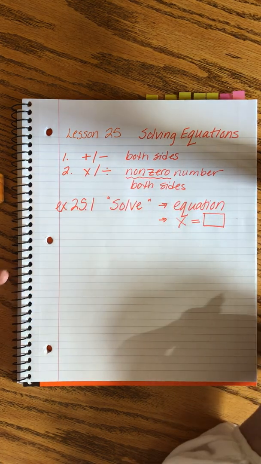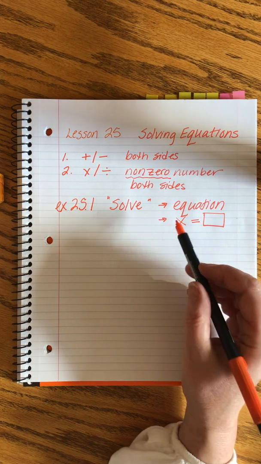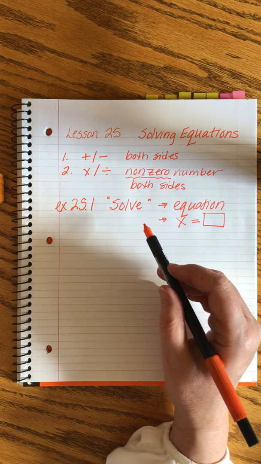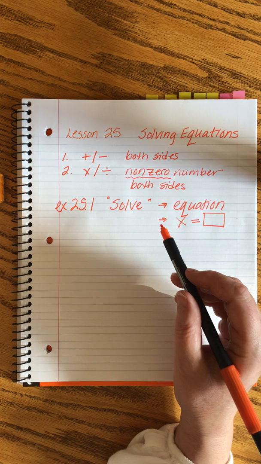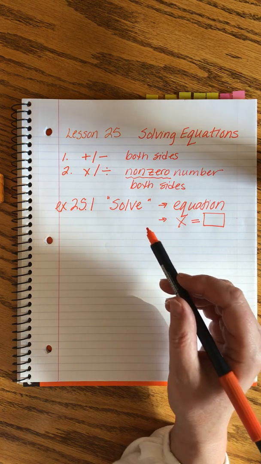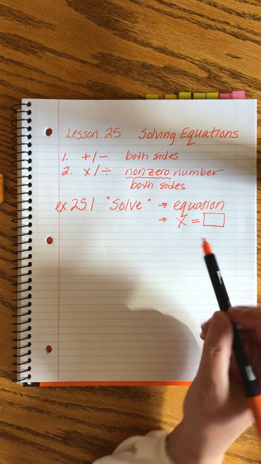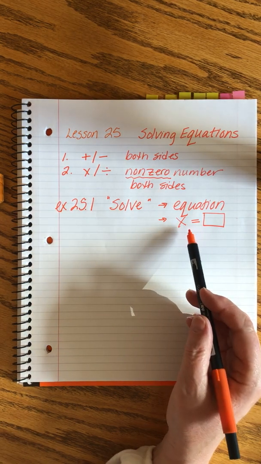And it might be a y and it might be a t. It's not always an x, but you know what I mean. It means there's a letter in the equation, and our goal is to get all the numbers shoved to one side and the letter by itself so that it looks like this in the end.